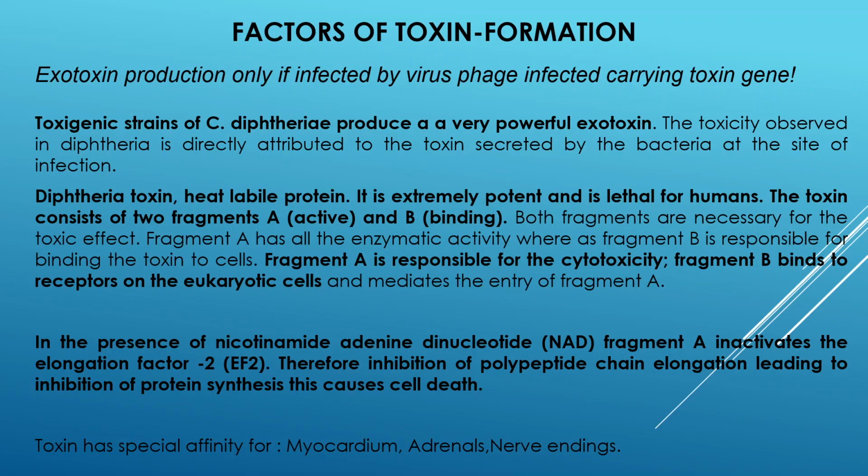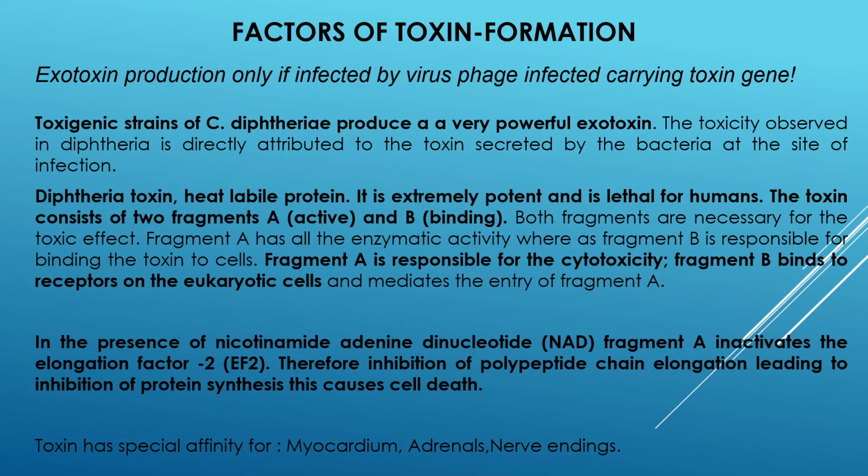Fragment A has all the enzymatic activity, whereas fragment B is responsible for binding the toxin to cells. Fragment A is responsible for the toxigenicity. Fragment B binds to the receptors on the eukaryotic cells and mediates the entry of fragment A. In the presence of nicotinamide adenine dinucleotide, fragment A inactivates the elongation factor EF2.